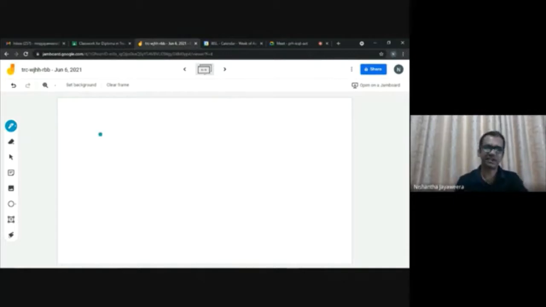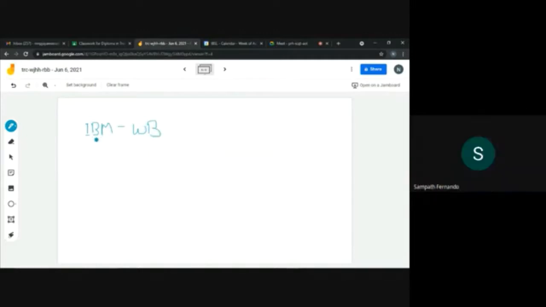What are the advantages? So the very first cross currency swap, if I remember correctly, was done between IBM and World Bank.